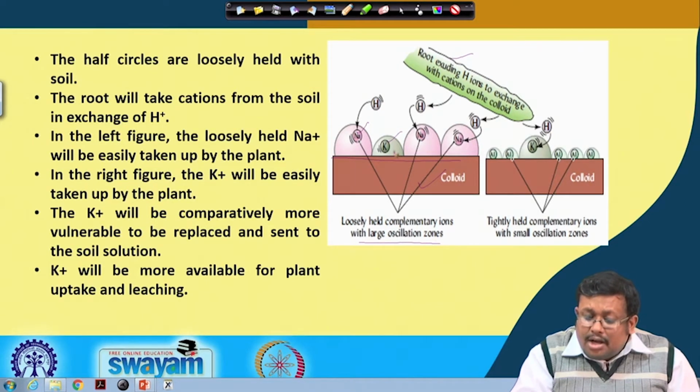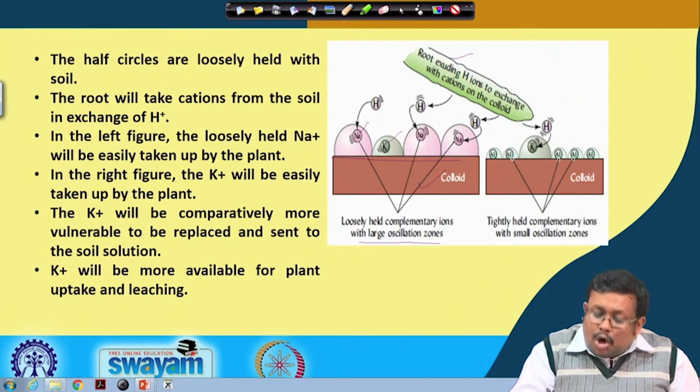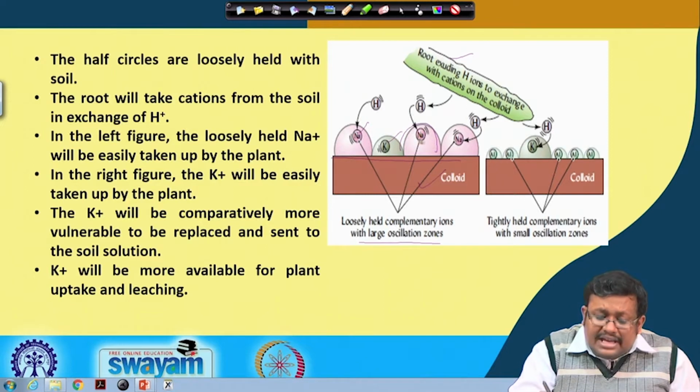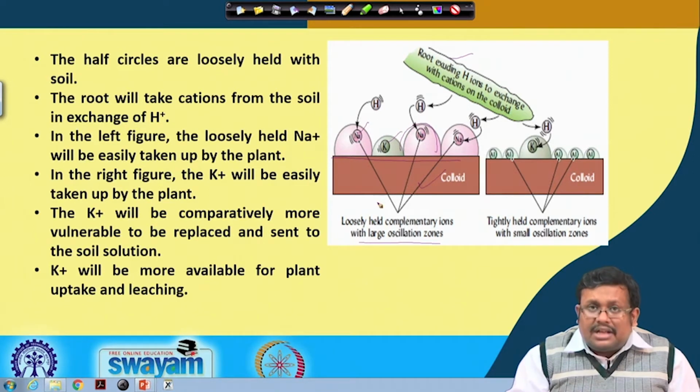If we compare potassium and sodium, sodium has a larger oscillation zone. In this oscillation zone the sodium is loosely held, so sodium is more easily replaceable than potassium.